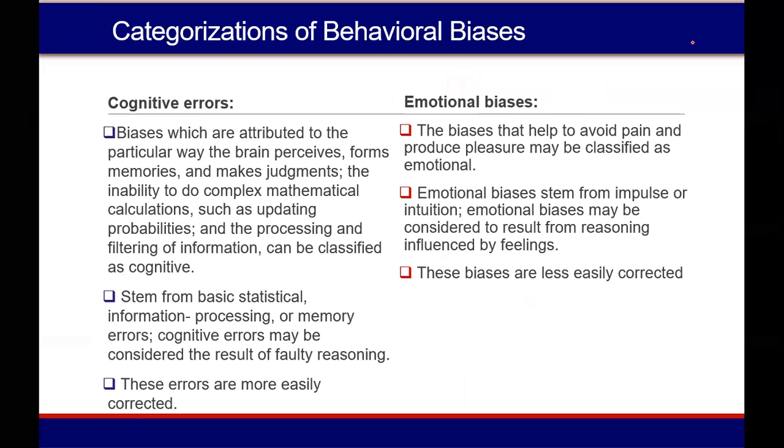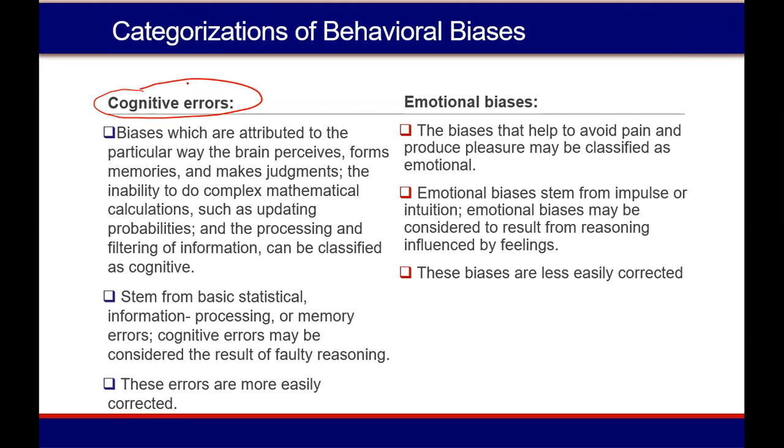Okay, so we already have mentioned this in the very beginning of our chapter, that we can classify our biases into two broad classifications. One is cognitive error, another one is emotional biases. So we already have mentioned that these cognitive errors are more related to the way our psychology helps us to make decisions, how our brain works, how we use our statistical tools, and how we filter our information.